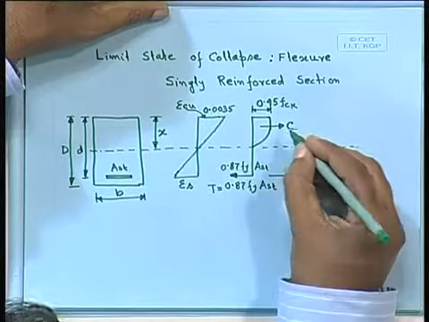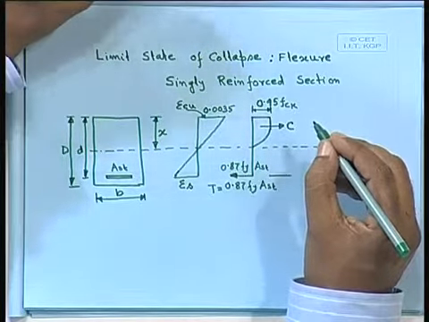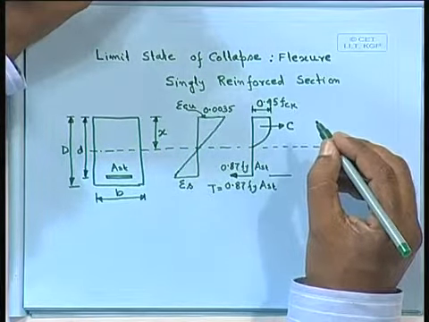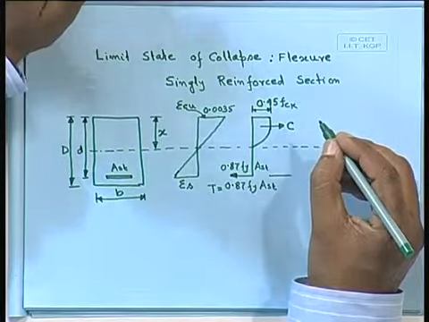What is our interest here? For a beam under bending, under flexure, how much maximum load can it take, what is the moment carrying capacity of that section, that is our target. If we can find that value, then we can say that this section, with this many bars and this width and depth, has this maximum moment carrying capacity.